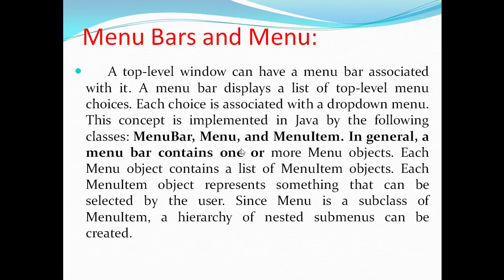Menu bars and menus. A top level window can have a menu bar associated with it. A menu bar displays a list of top level menu choices, like home, file, edit, view, help, window.